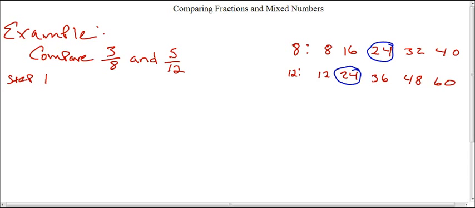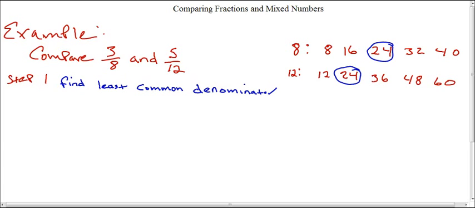So again, step 1, we need to find the least common denominator, and we just did. Our least common denominator is 24.